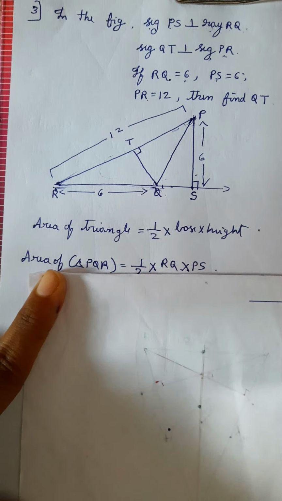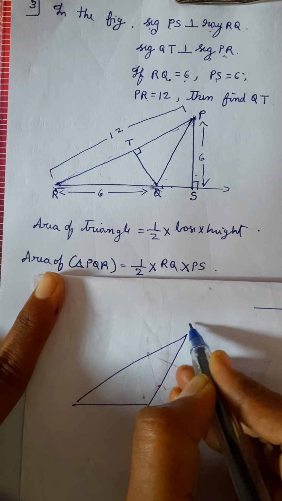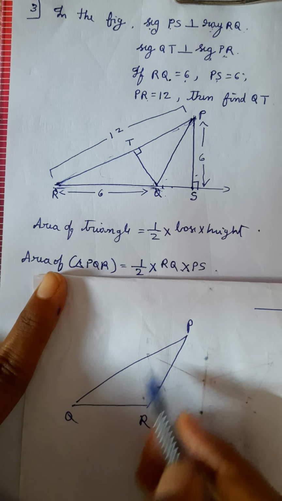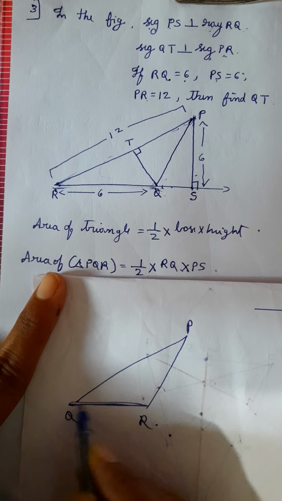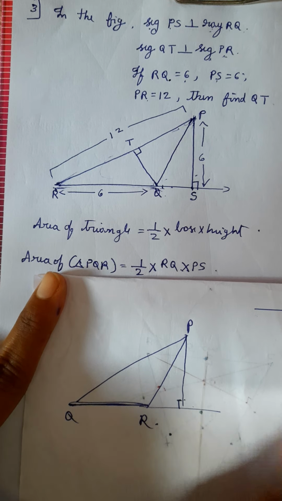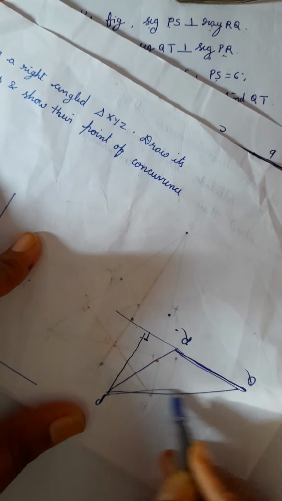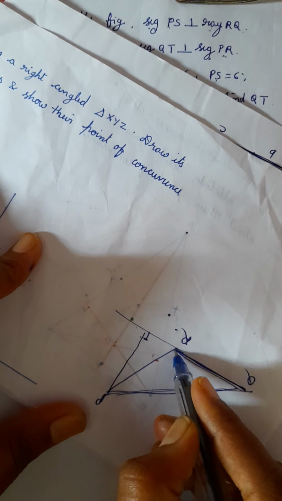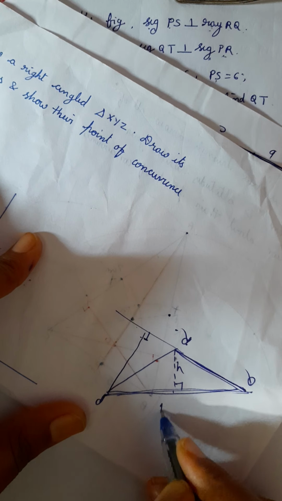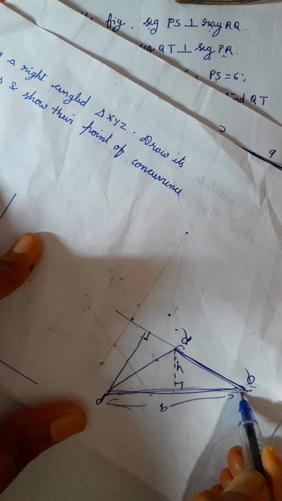See, the figure is like this, PQR, this is the figure given here. So if I consider QR as base, then height will be like this, correct? If I turn the figure and consider this as base, then height will be perpendicular to this, correct? This is height, this is base, right? So this is the acute angle triangle.